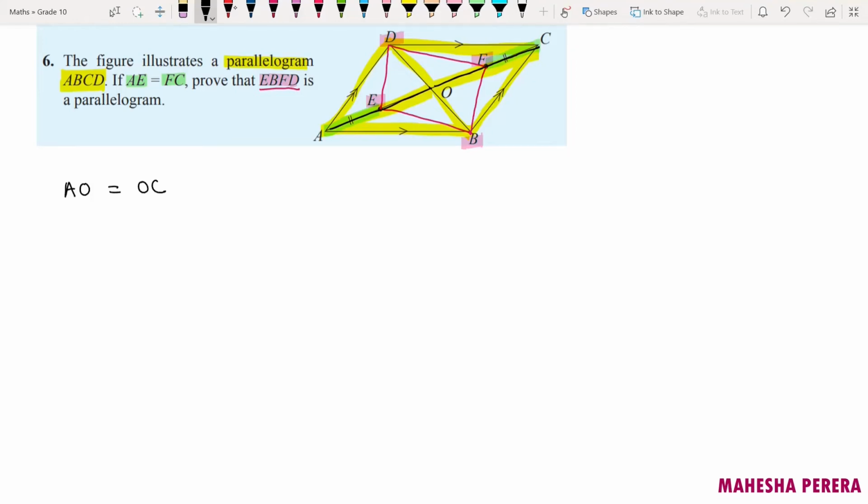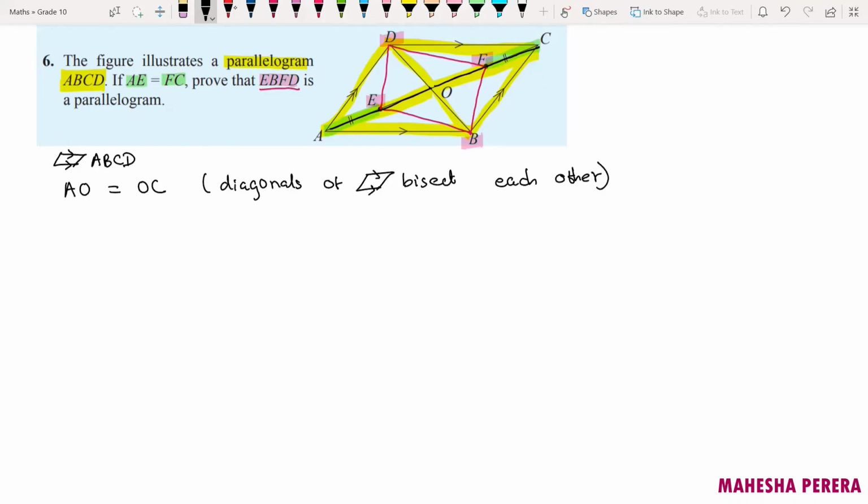Actually, when you consider this parallelogram ABCD, you can say AO equals OC. The reason: diagonals of a parallelogram bisect each other, right? So that's why we say that AO equals OC.